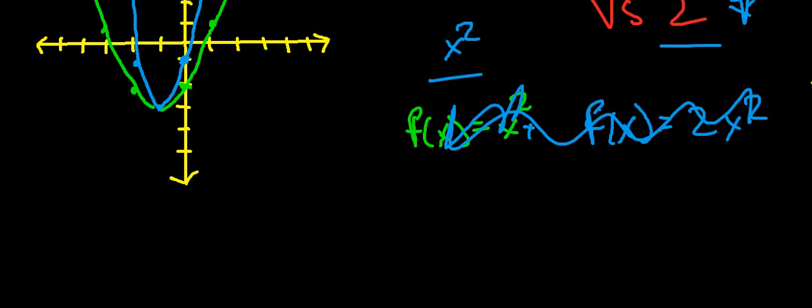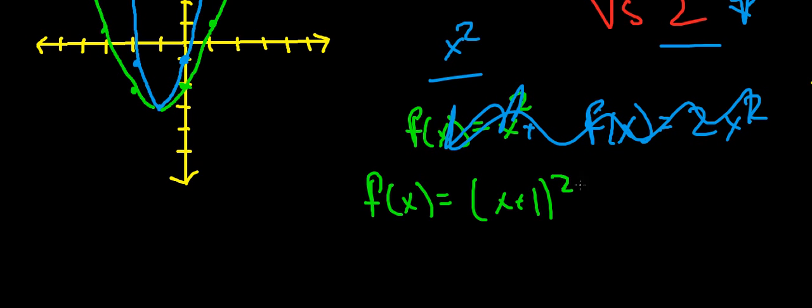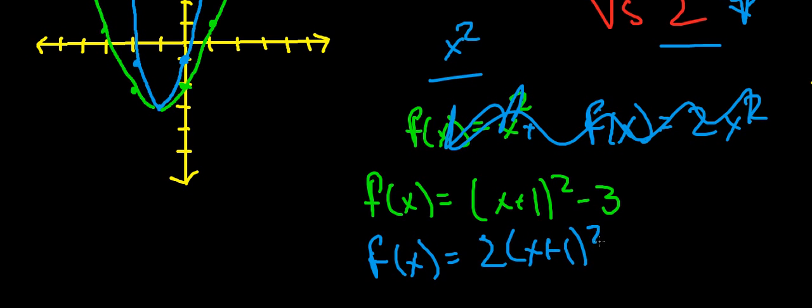I did not include the transformations. So f of x is equal to x plus 1 squared minus 3, and then the other one is f of x is equal to 2 times x plus 1 squared minus 3.